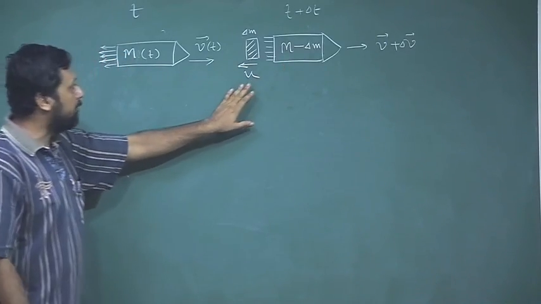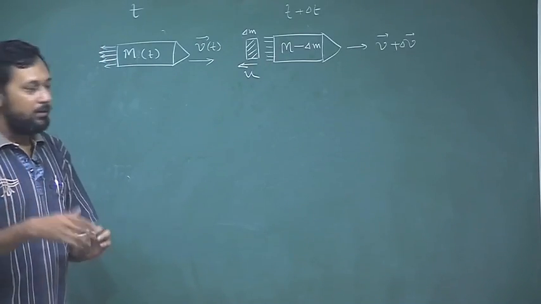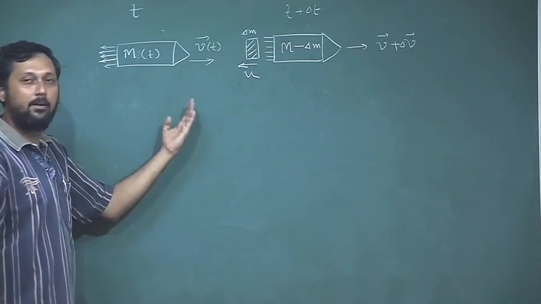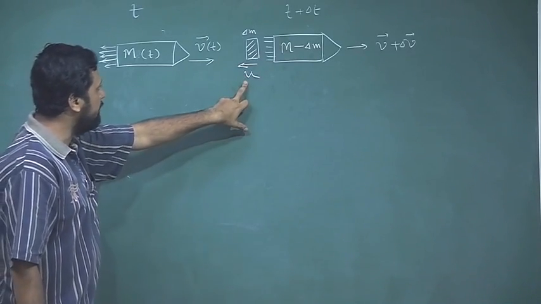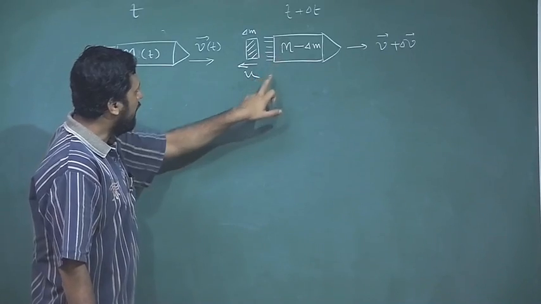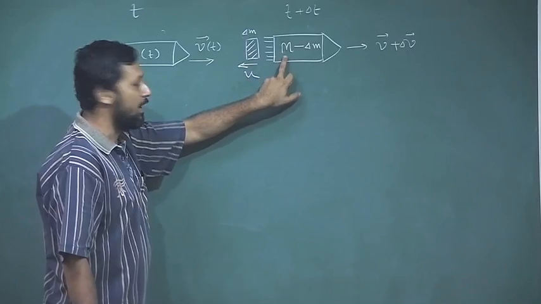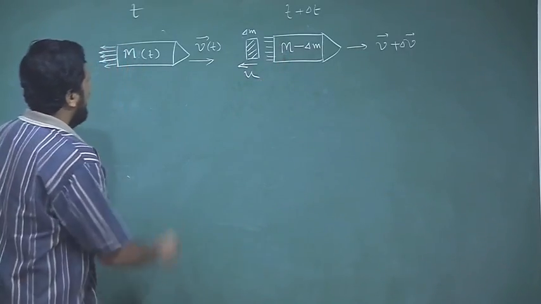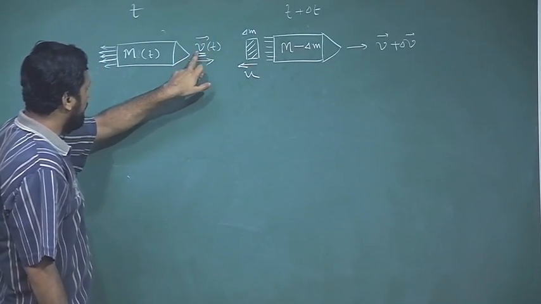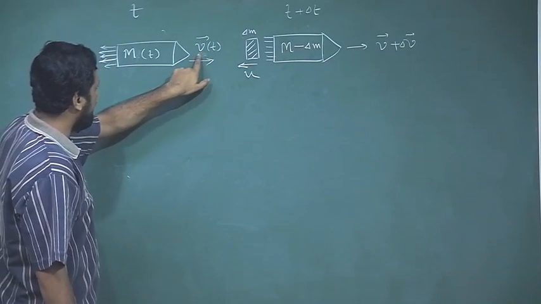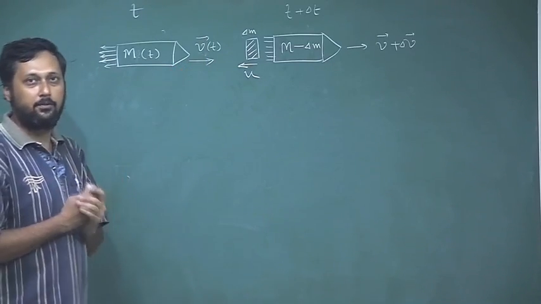Please understand that the frame of the rocket is an accelerating frame. A rocket in general accelerates, so it is not an inertial frame anymore. So this velocity u is measured with respect to the rocket frame. The velocity v, which we are writing here, is measured from an inertial frame.